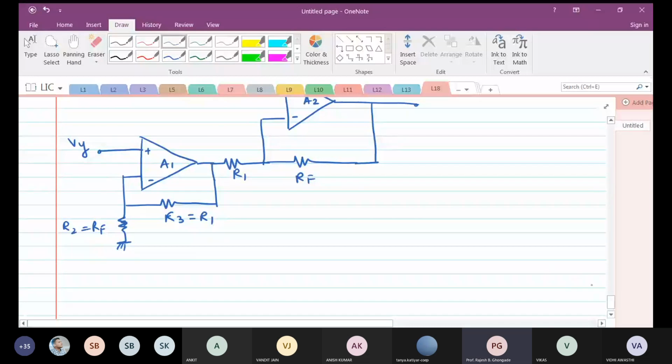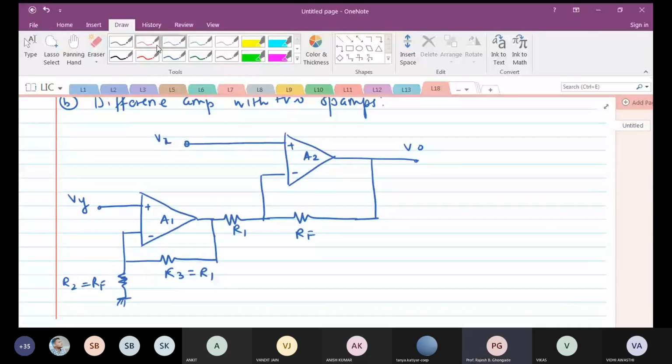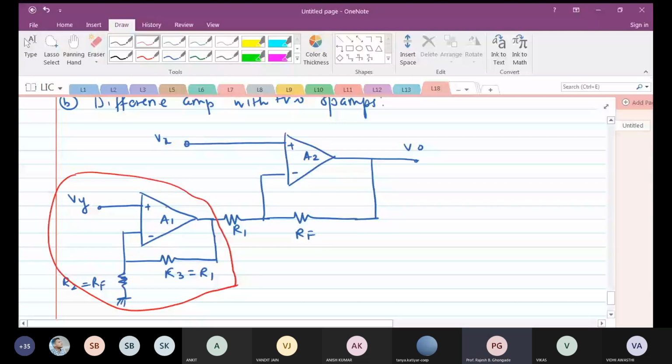You can immediately see that it is a combination of two circuits. This circuit happens to be your what? Non-inverting amplifier.